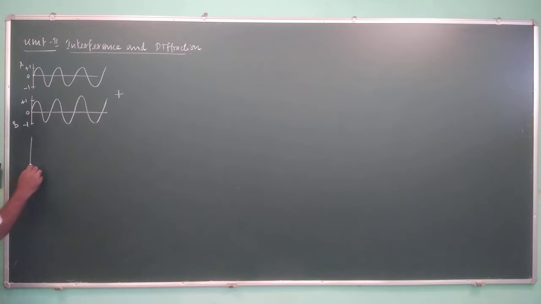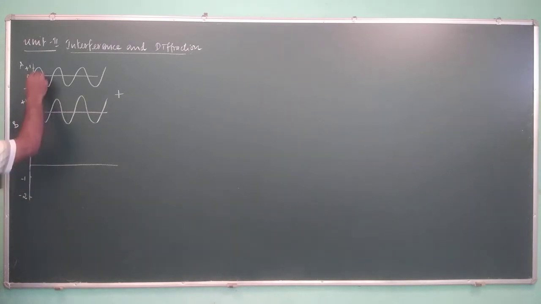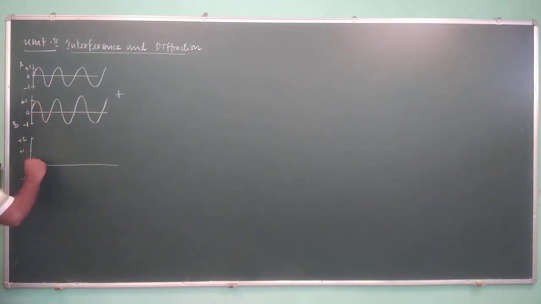Let's draw that. So this is +1 and this is +2. Here -1, this is -2, the amplitude. What would happen? Both will add. In this case, both waves started from 0, and you add the instantaneous amplitude values of the two interacting waves, so it is obvious that the resultant wave will look like this.